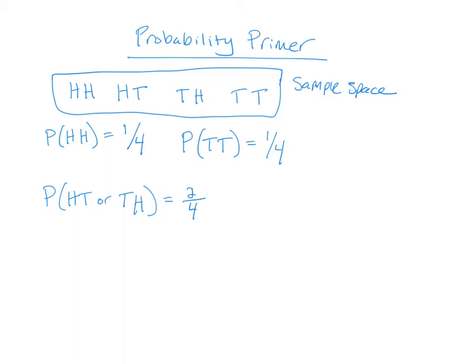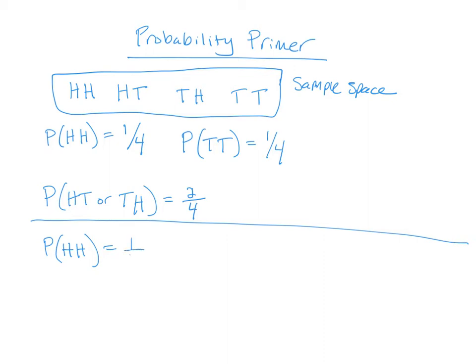Okay, another way, a little shortcut you can use to calculate probability: if I want to do the probability of heads, heads, I can think about it in terms of 2 independent events. First you flip the first coin, and the probability that you get heads is 1/2, 1 out of 2, because there are only 2 outcomes.